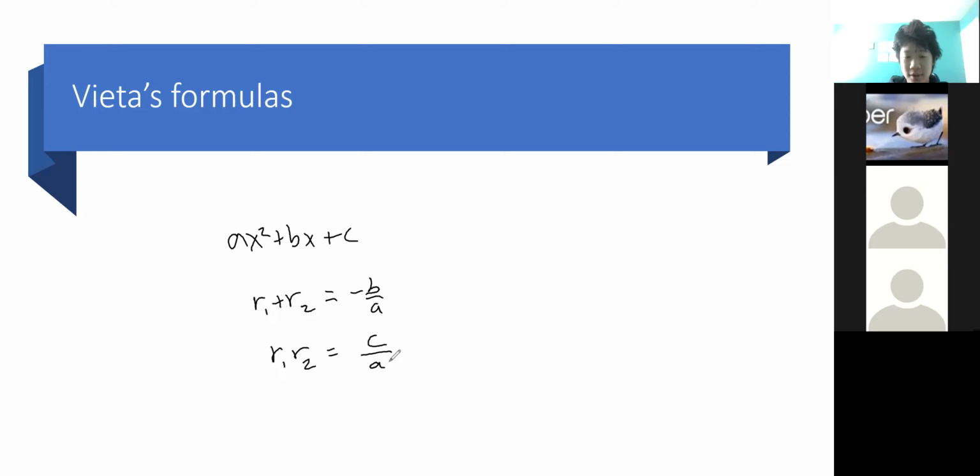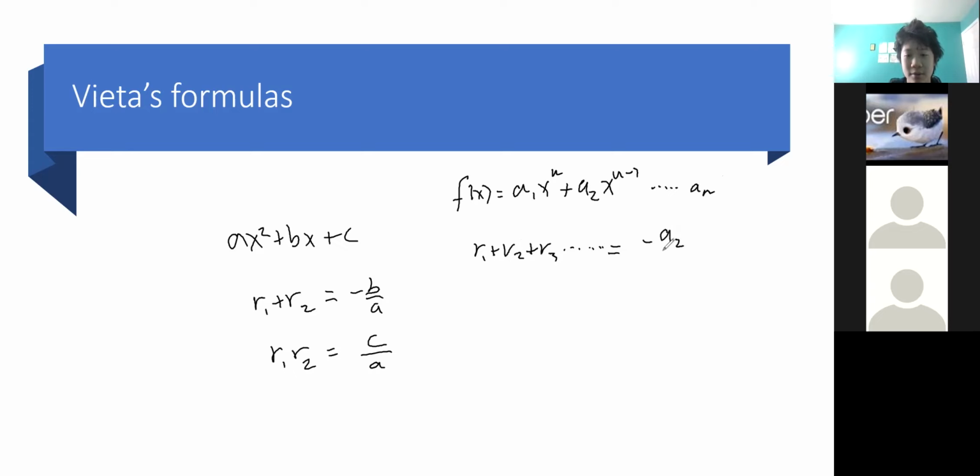The way it works is, I'm going to write the polynomial in this general form again. So f of x equals the first coefficient times the first power, the second coefficient times the next power, and so on until we have the last constant. This is the general form we can write a polynomial in. However many roots this has, the sum of these roots is equal to negative a2 over a1, always.